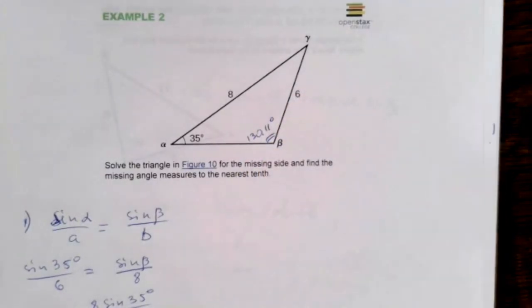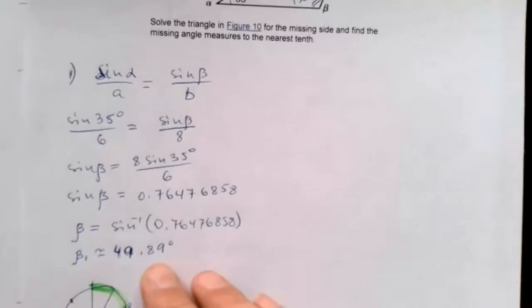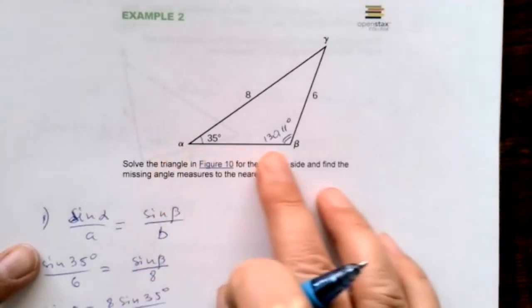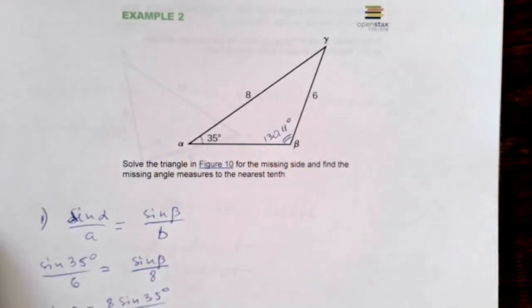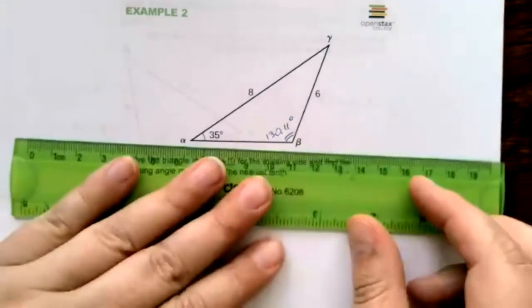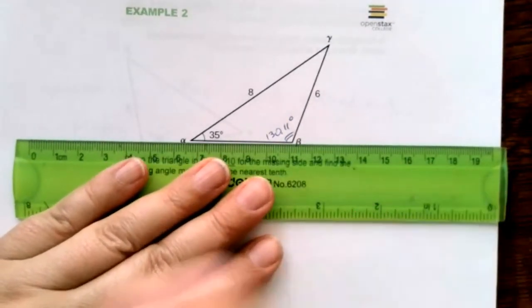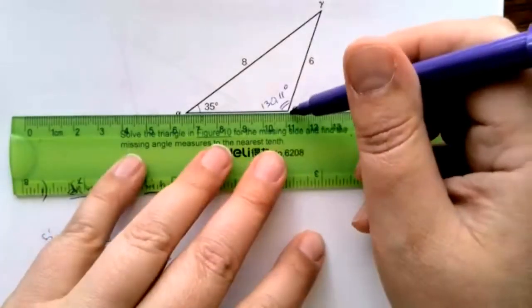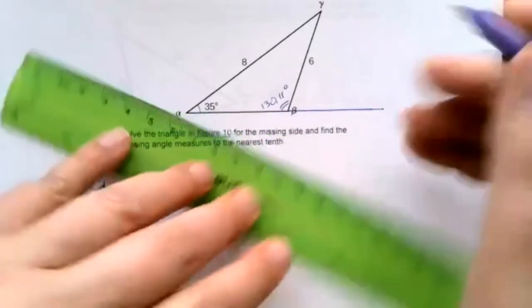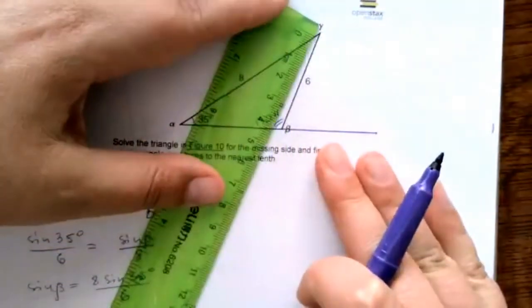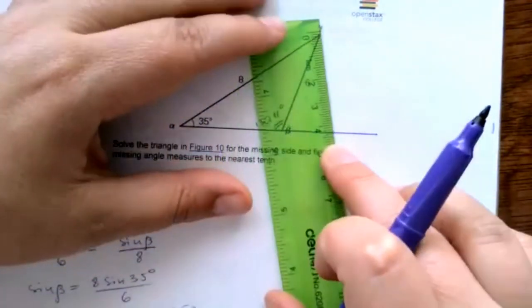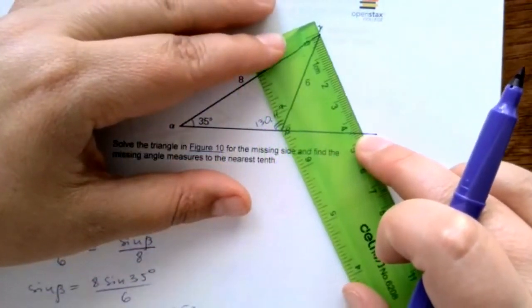Now, where does 49.89 come in? Well, remember that we don't know the length of this side. It could actually have gone a little bit further, like so. And then this side, which is 6, could actually turn this way.